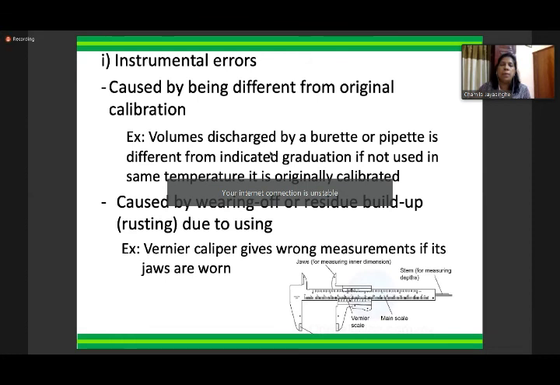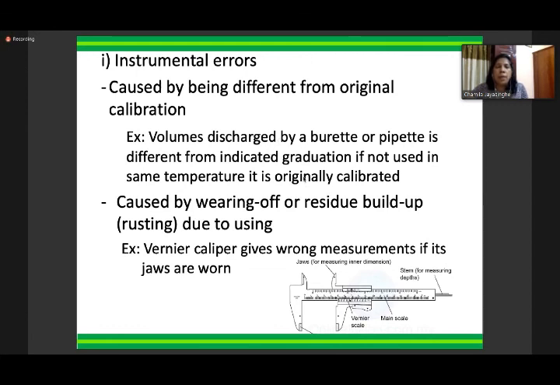So the burettes are calibrated at a certain temperature in Celsius, and when we do an analysis at maybe 45 or 40 degrees, then sometimes small errors can be there. So volume discharged by a burette or pipette is different from indicated graduation if not used at the same temperature it is originally calibrated, right?